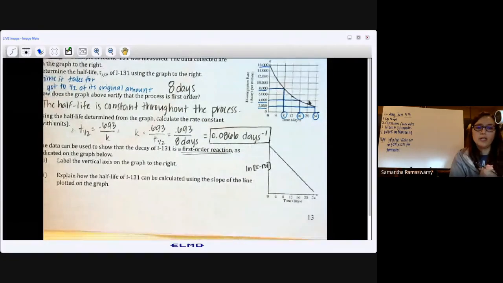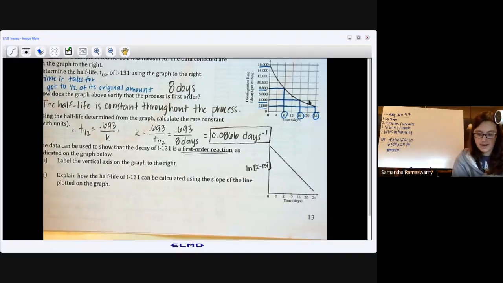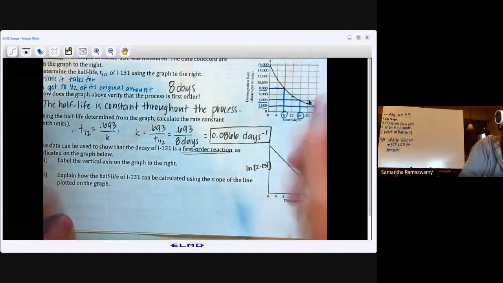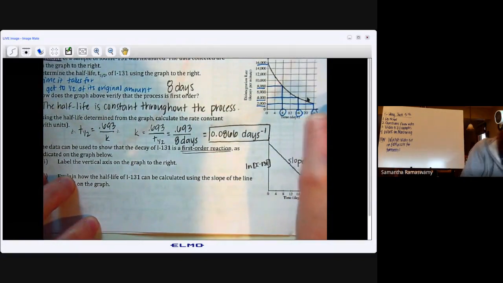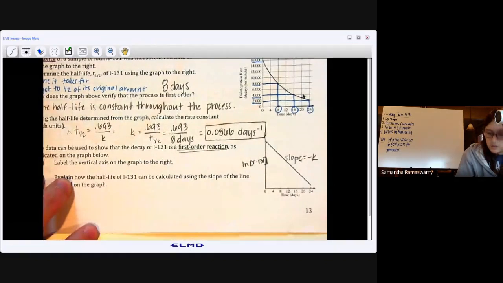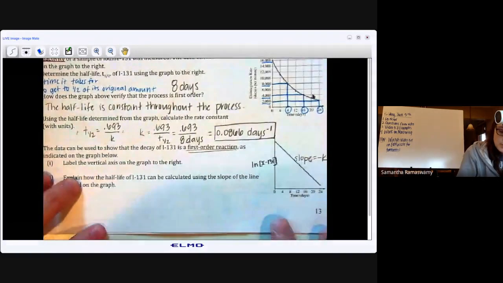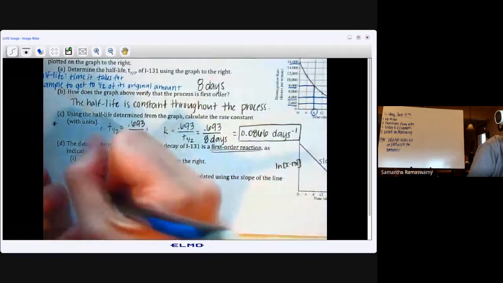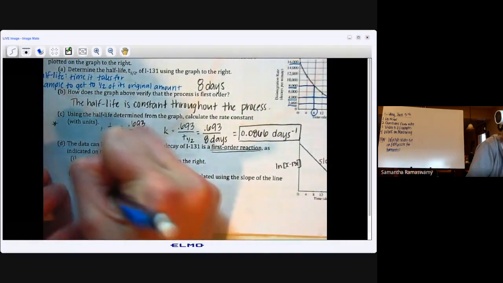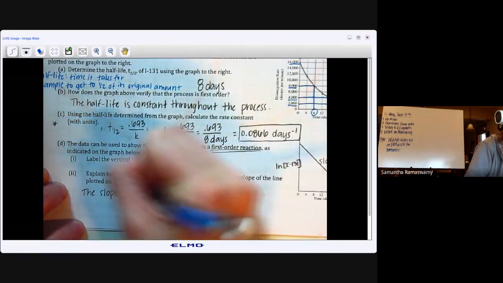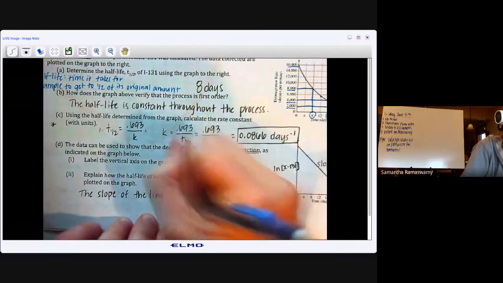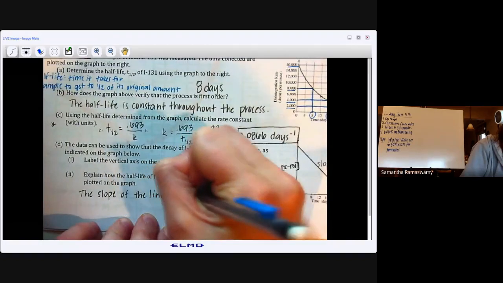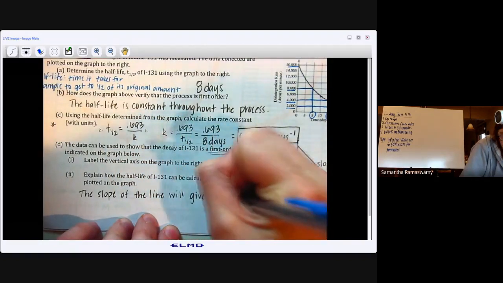And then part 2, explain how the half-life can be calculated using the slope of the line plotted on the graph. So when we find the slope of this line, the slope is equal to negative K. Right, the slope of this line is equal to negative K. So we can say the slope of the line will give us the rate constant.